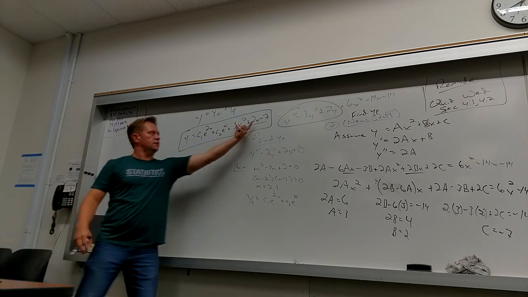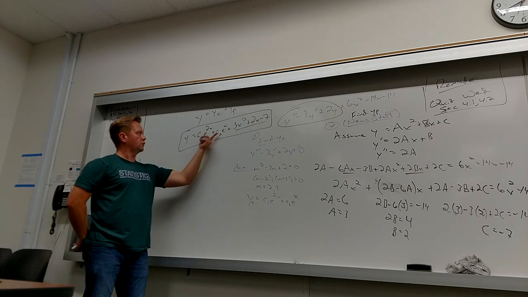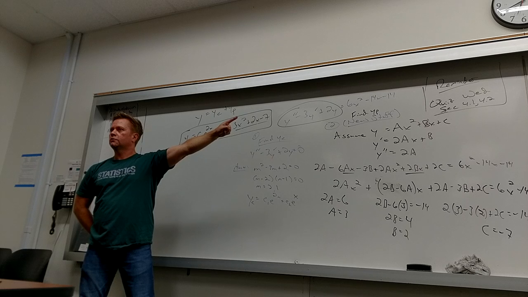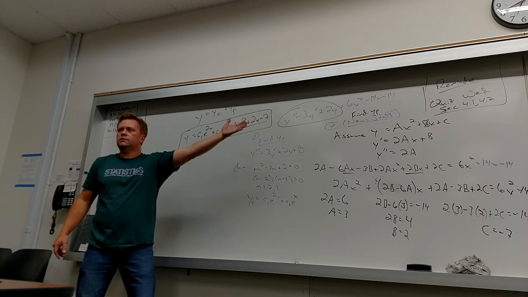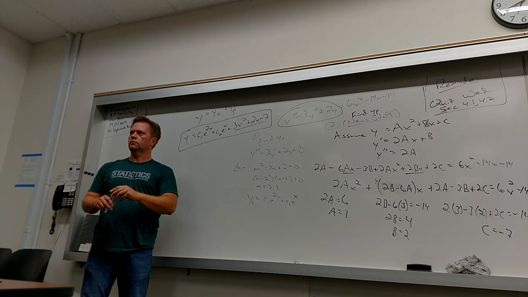So if I throw this in, it makes it come out to be 6x squared minus 14 minus x minus 14. If I throw this in, it's plus 0, because that's the one that makes it 0. So of course it's the same stupid answer. So that's why this whole thing is the solution.